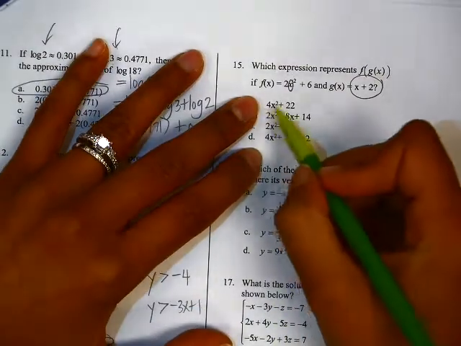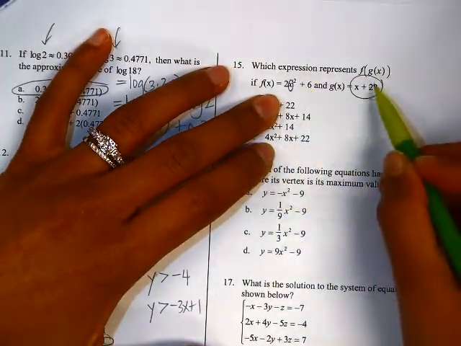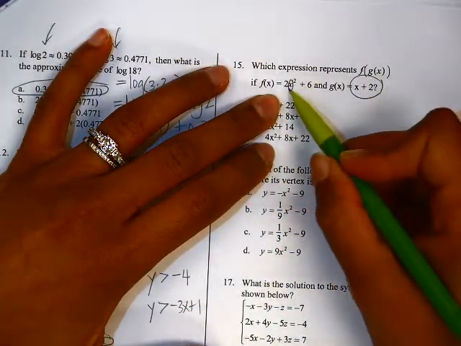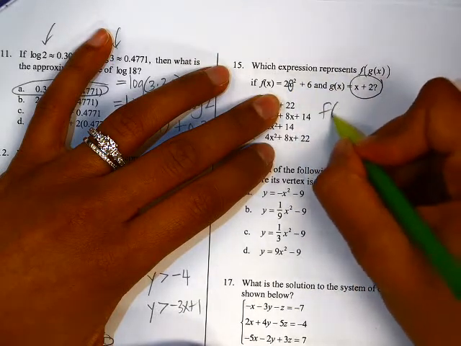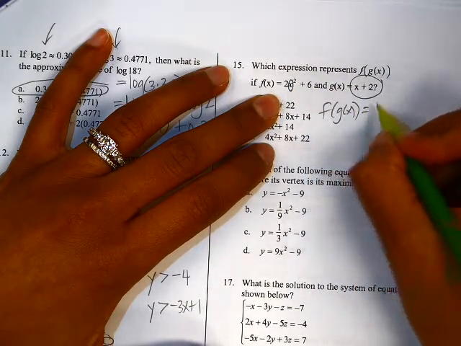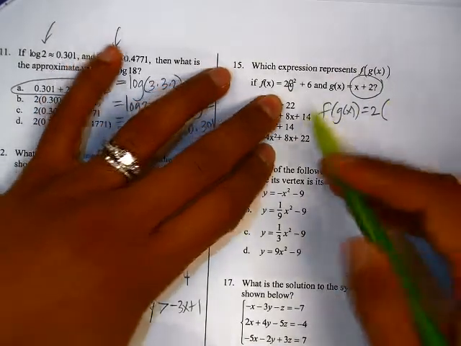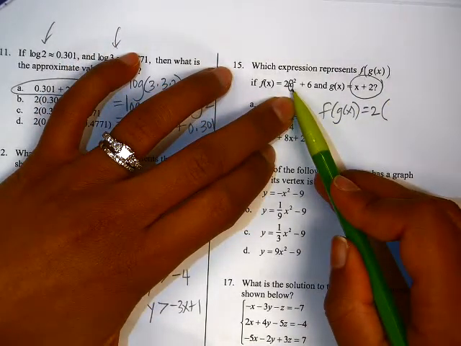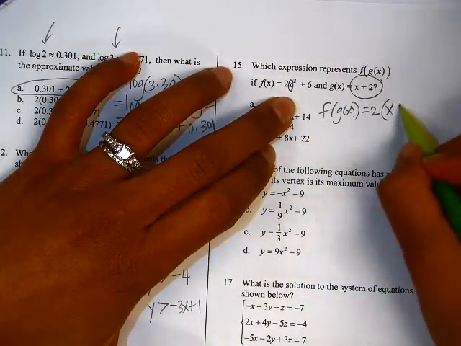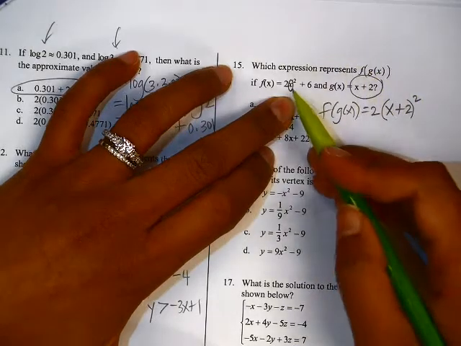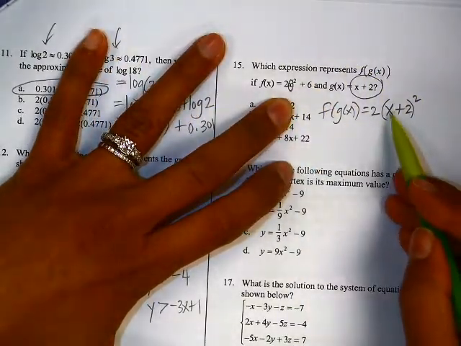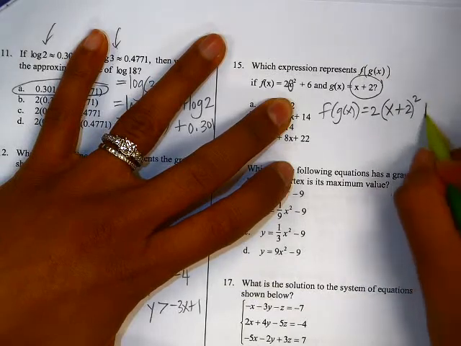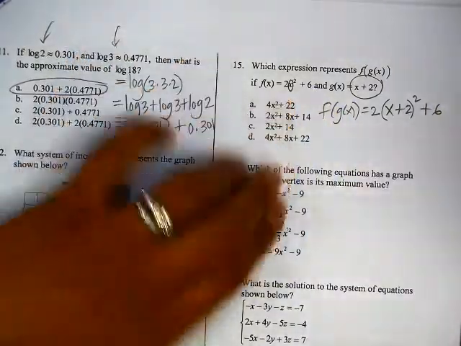So let's rewrite function f, but plug g of x in place of the x. So f of g of x equals 2 times the quantity x plus 2 squared. So I replace the x squared with the quantity x plus 2 squared, and then plus the 6.